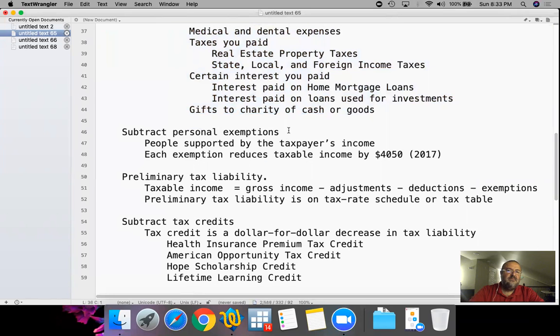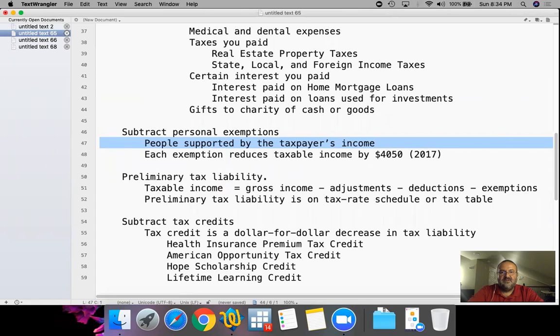Now, there could be some personal exemptions. Again, this is very, very common, and this is something that you have to report to your employer. So how many people do you support or who are dependent on you as a taxpayer? For instance, I'm married, I have a kid, and I am supporting my kid.